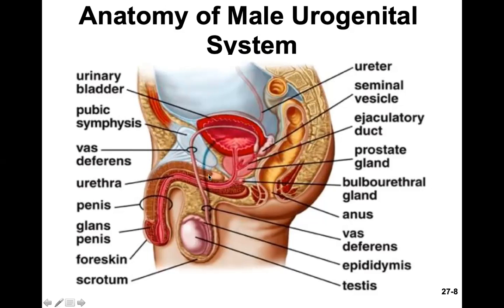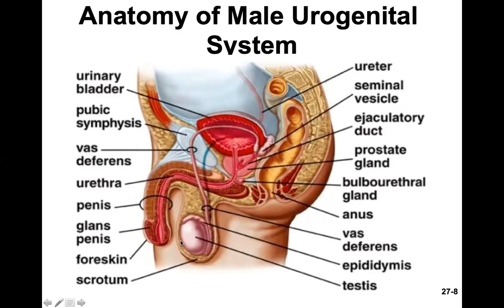All right. You have the penis that surrounds the urethra. You have the glans penis at or near the tip of the penis. The foreskin is what is circumcised. For those who are circumcised, it's the foreskin that is removed.